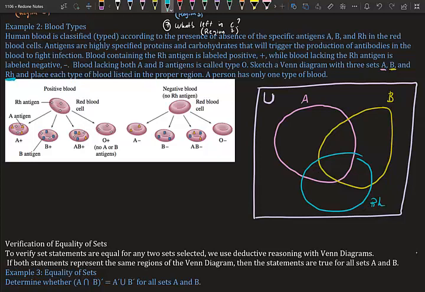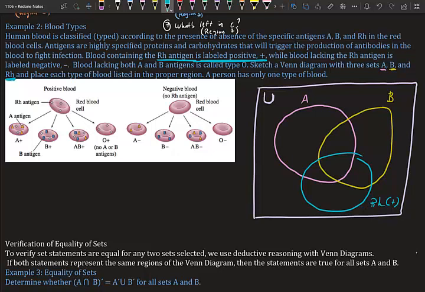So we have our 3 types of what indicates our blood. It told us that if it contains Rh, it's labeled positive. So Rh stands for positive. Now, we want to put each of those blood types inside of our Venn diagram.